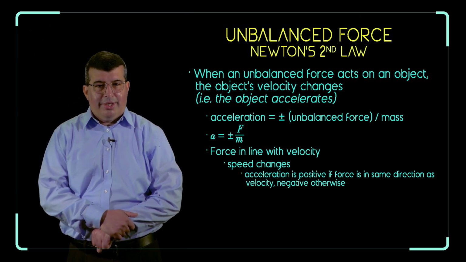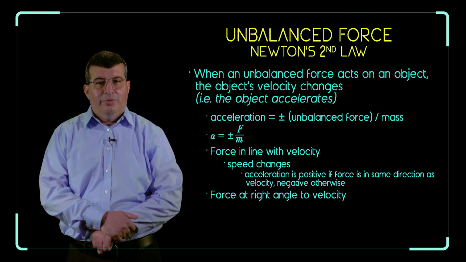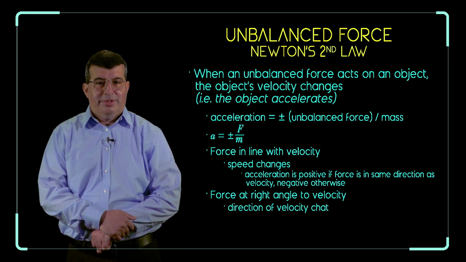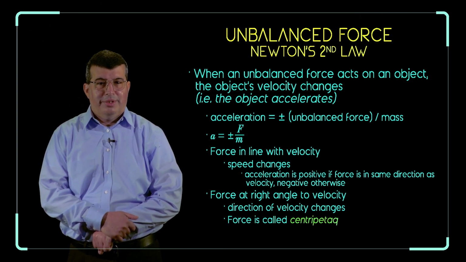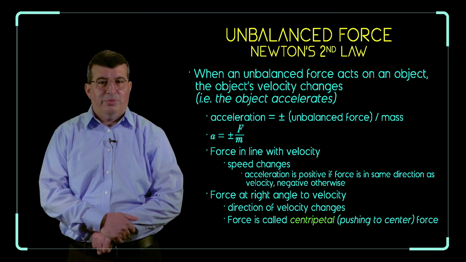The other case is when the force is at right angles to the velocity. When the force is at right angles to the velocity, then the direction of the velocity changes. And in this case, the force would be called the centripetal force. And acceleration is always positive in that situation.